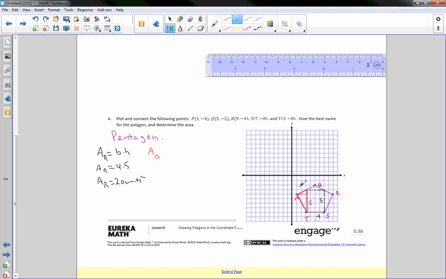And the height here is 2. So the area of the red triangle is base times height divided by 2, which equals the base, which is 5, times the height, which is 2, divided by 2. Those 2's cancel, so the area of the red triangle equals 5 units squared.